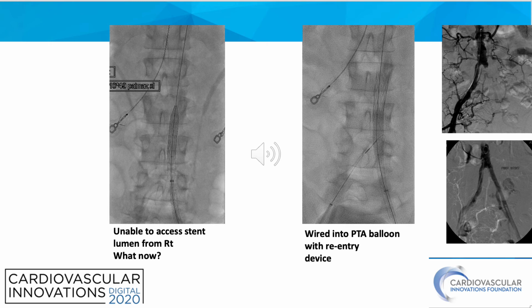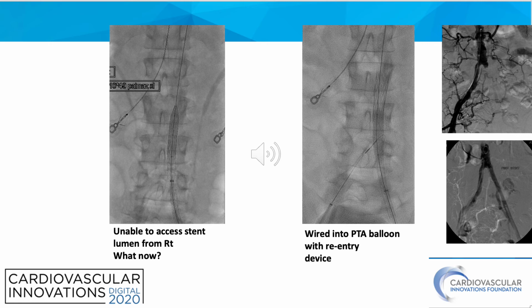This one actually happened to be a Pioneer that we could visualize and then insert the needle into the balloon and then insert the wire into the balloon and advance that to the abdominal aorta, thus allowing us to have good access from both of the common femoral arteries to go ahead and stent this abdominal aorta and bilateral iliacs.